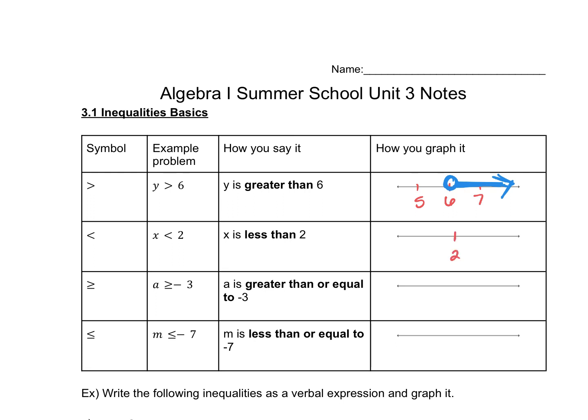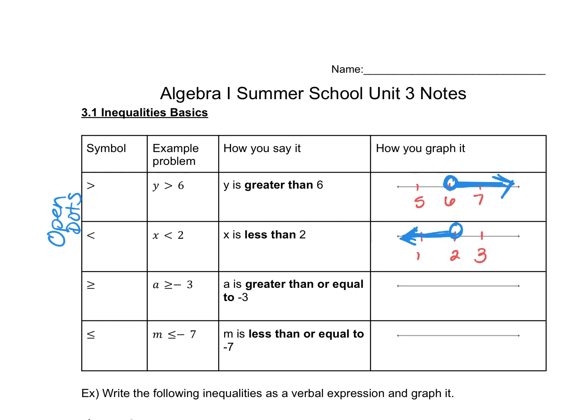We're going to put 2 in the middle and then do 1 above, which would be 3, 1 below, which would be 1. Just like the last one, this is also an open dot on 2. And x is less than 2, so all the numbers less than 2 would be going to the left. Both of these are open dots.